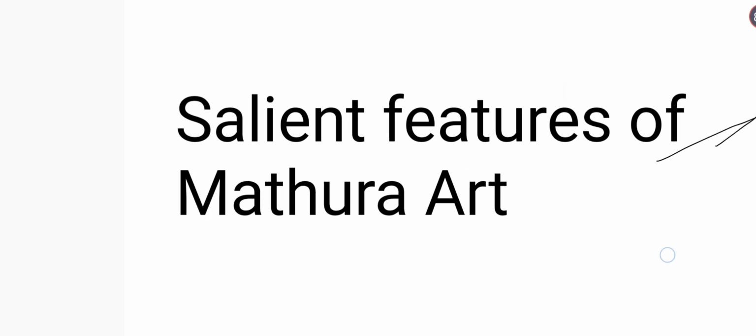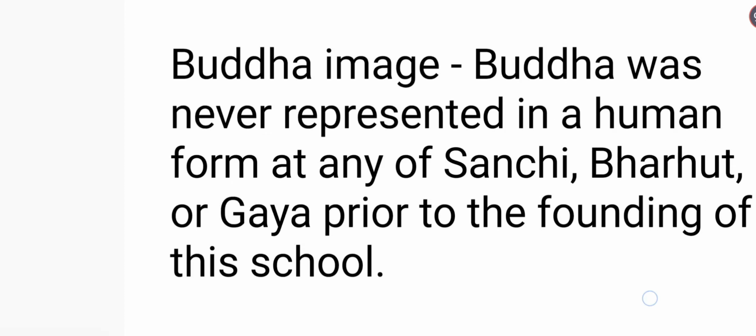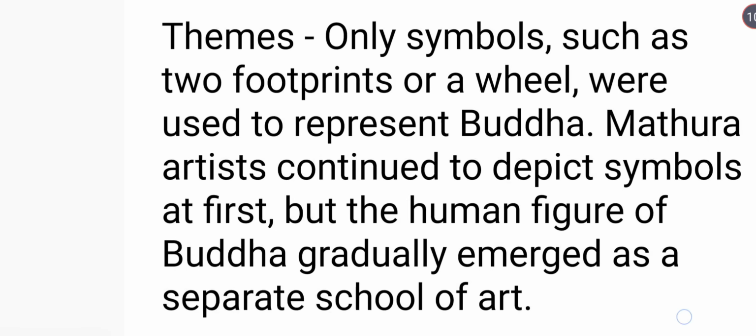Next, the salient features of Mathura art. First, the Buddha image. Buddha was never represented in human form at Sanchi and Gaya, before the founding of the school. Most of the time the Buddha images are not in human form. Sanchi and Gaya are examples of this characteristic.